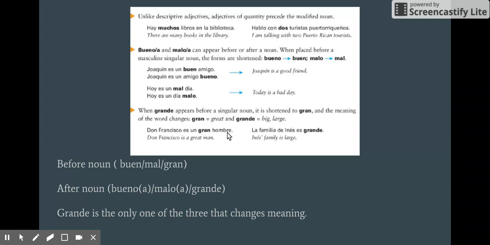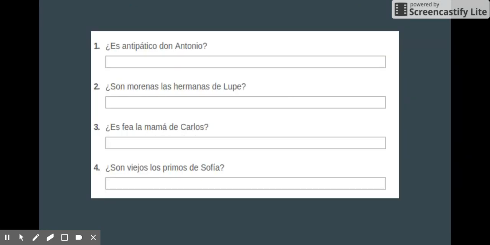So in terms of the homework, the first assignment, all you have to do is take the sentence and use the opposite adjective. So, for example, in the first one here, es antipático Don Antonio. Is Don Antonio a mean guy?